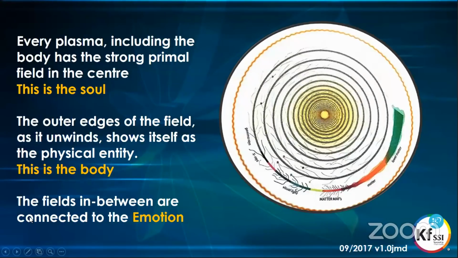The outer edges of the field, as these fields unwind, show themselves as the physical entity, which is the body, and the fields in between, the transition fields, are our emotion. So even within our body, we have the same structure, the same principle.